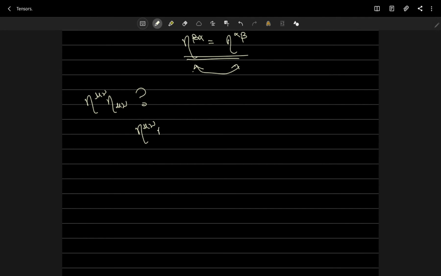It is equal to delta mu mu, and using the Einstein summation convention, this is simply delta 0 0 plus delta 1 1 plus delta 2 2 plus delta 3 3, because we have this eta in space-time.